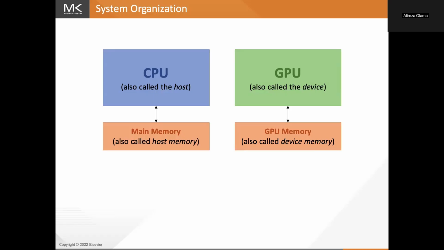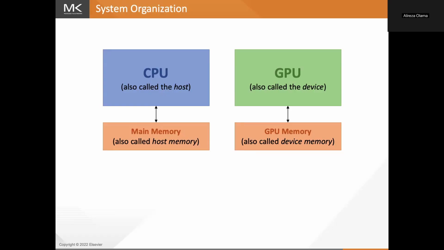And then you have a GPU memory, which is called the device memory. Okay. So the host memory, which is the main memory, and the GPU memory or the device memory, have separate memory spaces, right? Which means if some data lives in the GPU memory, you don't have access to that from the main memory. And if some data is in the main memory, you don't have access to that from the GPU memory. And if you want to do so, you have to explicitly move the data from the main memory to the GPU memory, or from the GPU memory to the main memory. Okay?